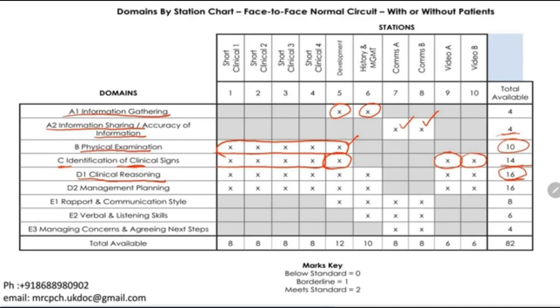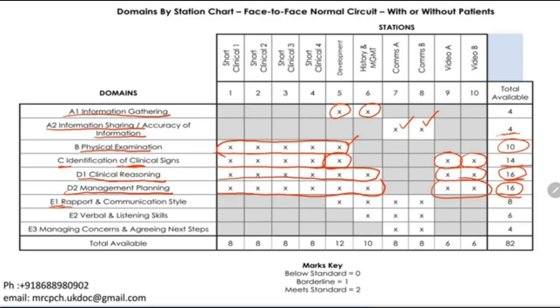This domain is tested across all the clinical stations plus the developmental station and the history station, as well as in the video stations A and B. D2, that is management planning, is tested again across all the clinical stations plus development plus history stations and the video stations, and it also has a maximum of 16 marks.